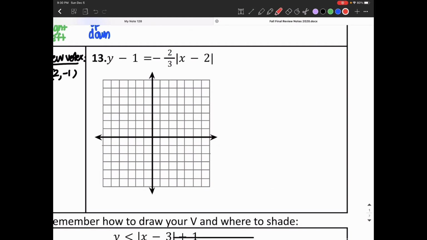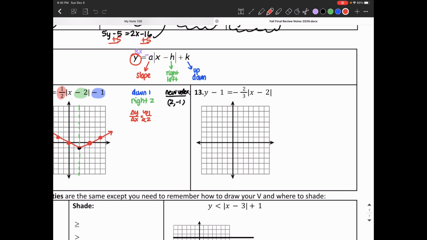For number 13, I'm going to look at all of the things that I have. First, before I can do that, I don't see the y by itself, and I'm going to need the y by itself to be able to use transformations.